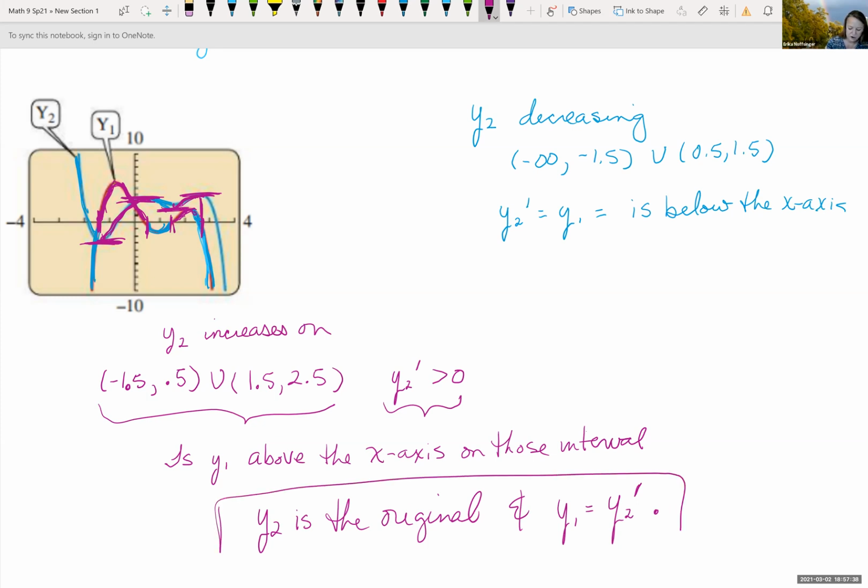So it's just going through, doing some reasoning and making sure things check off when you're looking at which one is the original function and which one is the derivative function.